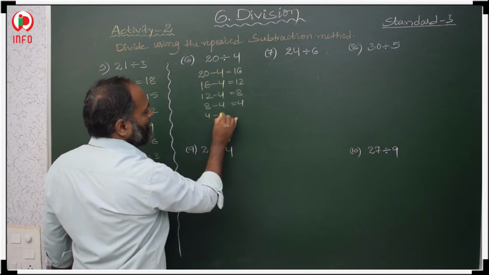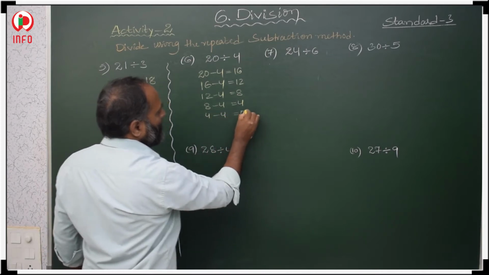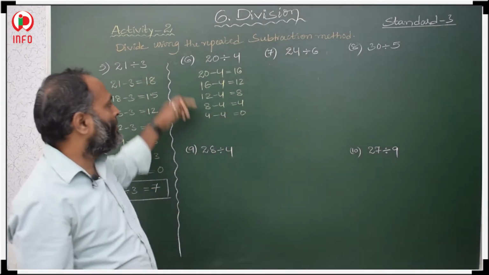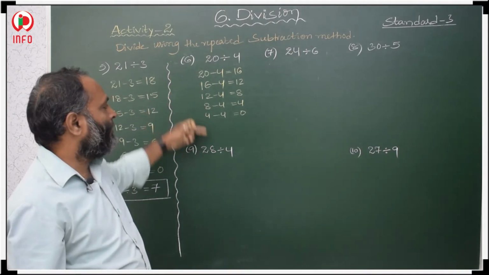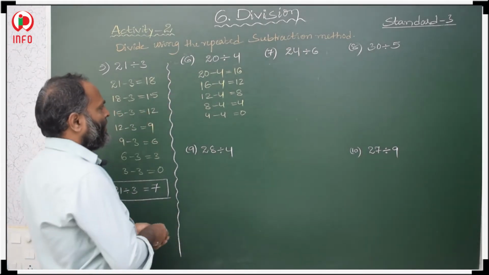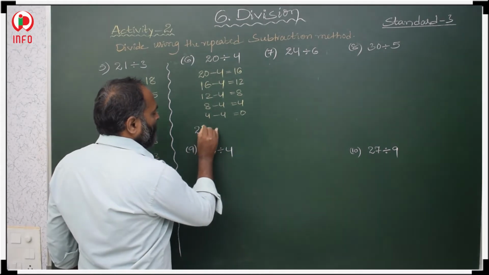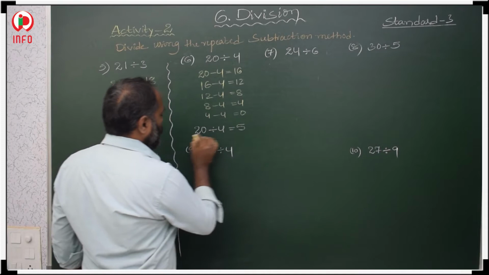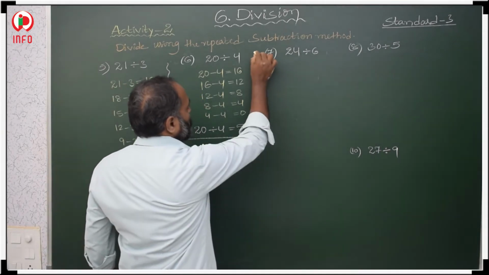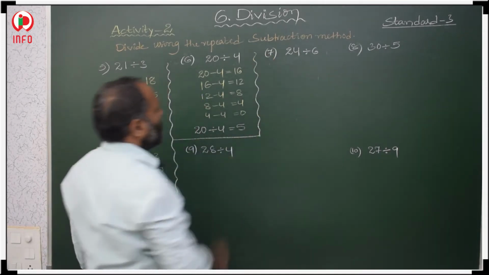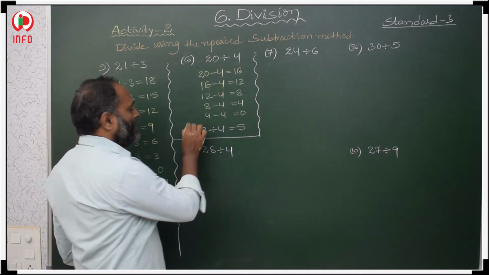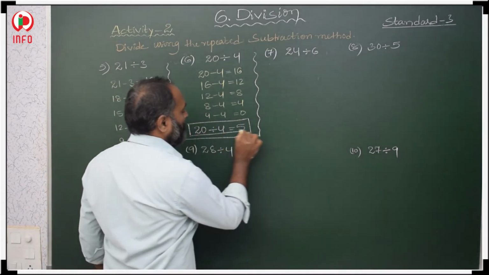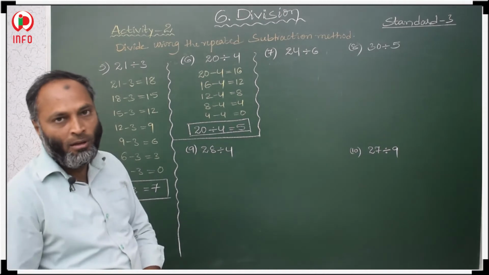Remainder minus divisor is 0. At what step? 1, 2, 3, 4, 5. Fifth step, it means 20 divided by 4 is 5. At the fifth step, it is 0. So, the answer is 5.